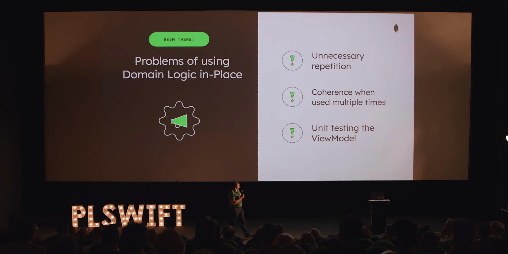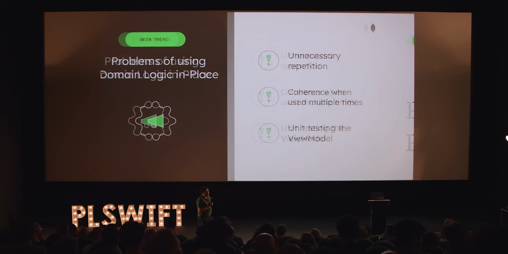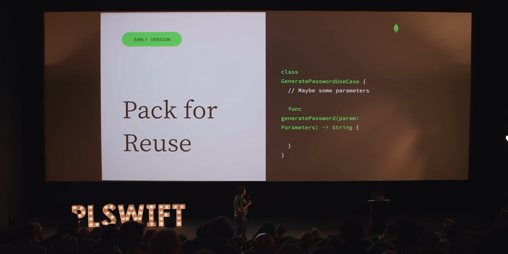So, as I was saying, there is some repetition that is going to be needed. There are problems with coherence because you may use a different implementation in some other part of your application, and testing is harder. So the first thing that comes to mind is, hey, let's encapsulate that logic in an object so we can inject it wherever we want in other parts of the application.